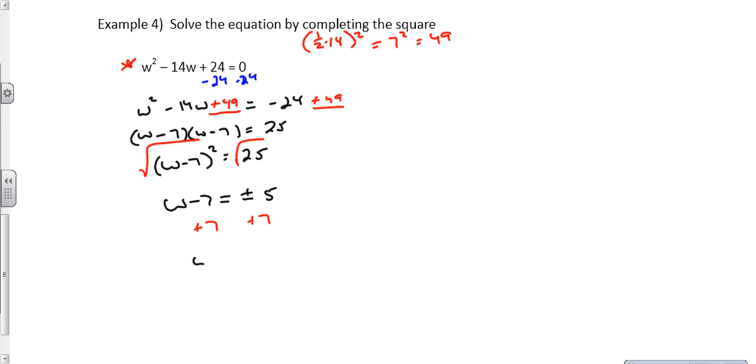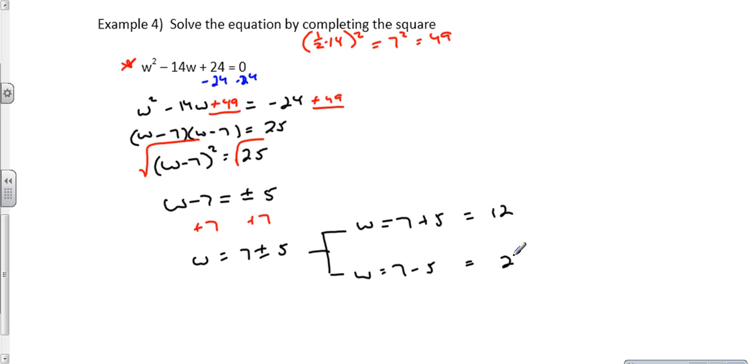So now we get w equals 7 plus or minus 5, which means two things. w equals 7 plus 5 and w equals 7 minus 5, which is 12 or 2. Now we were able to do this because we completed the square, and that's the process that we're working on with each example and getting better at.